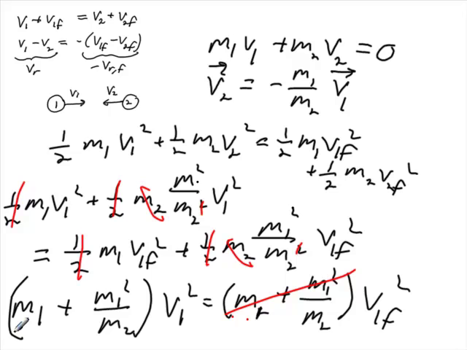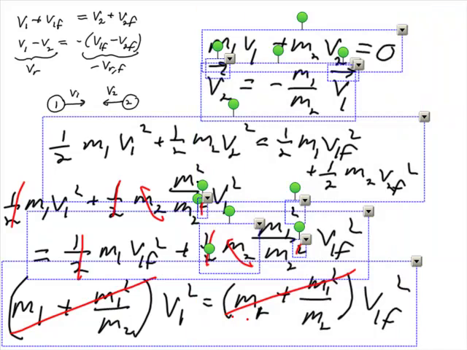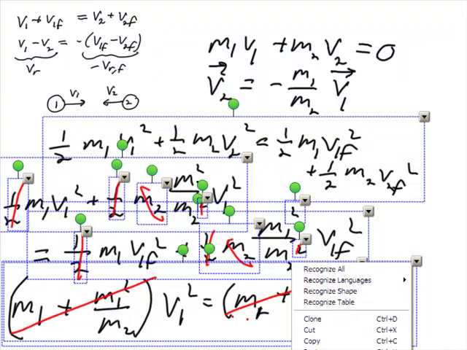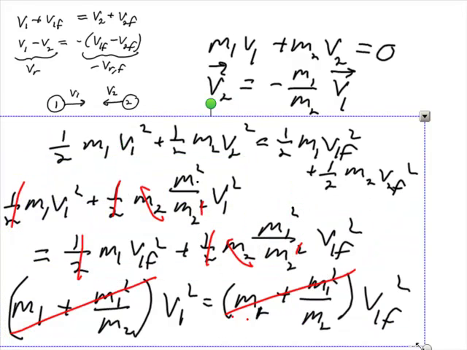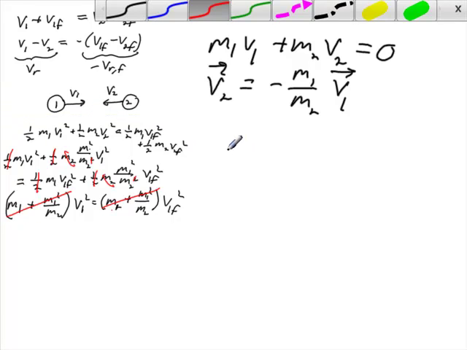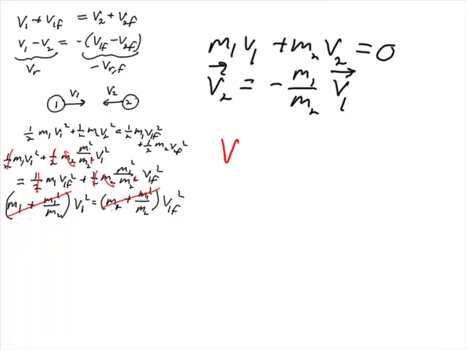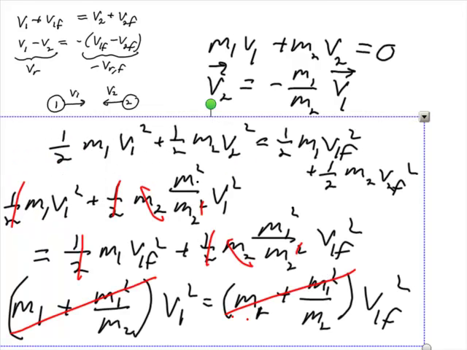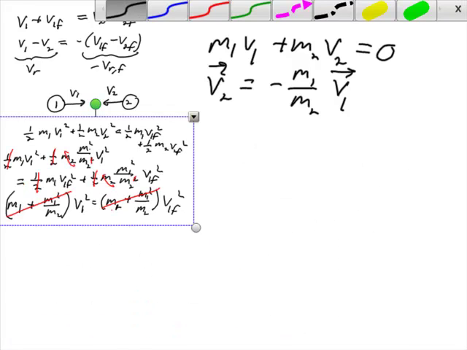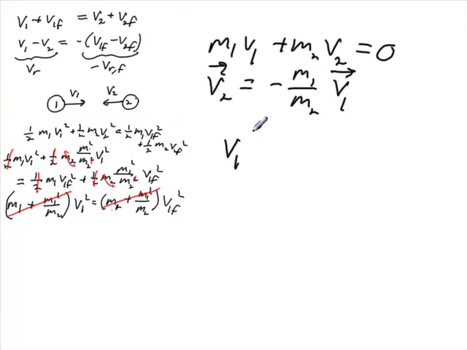This factor in front cancels out. And what I'm left with is that V1 squared equals V1 final squared.